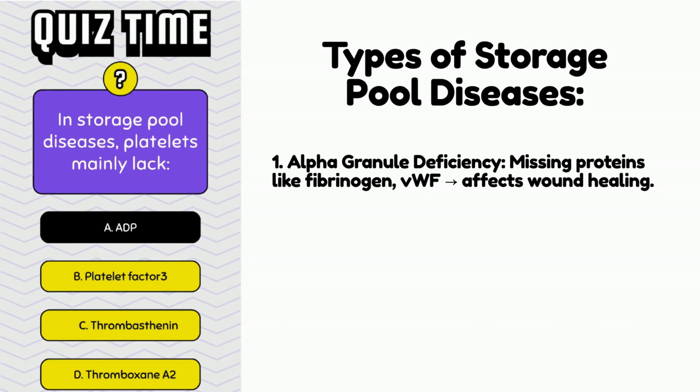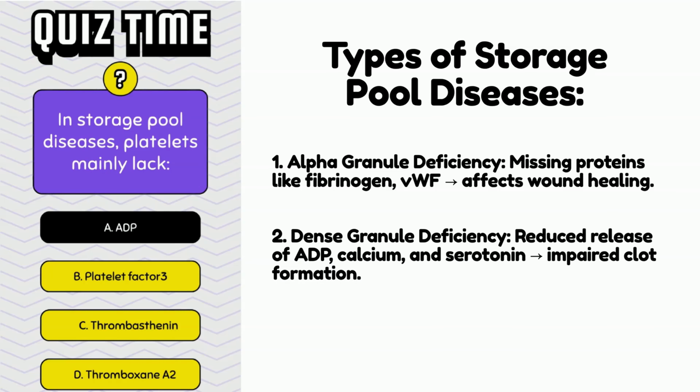1. Alpha granules. These granules contain proteins such as fibrinogen, von Willebrand factor, platelet-derived growth factor, and other proteins that play a role in platelet aggregation and wound healing. In storage pool diseases, the alpha granules may be absent, defective, or contain abnormal contents. 2. Dense granules.